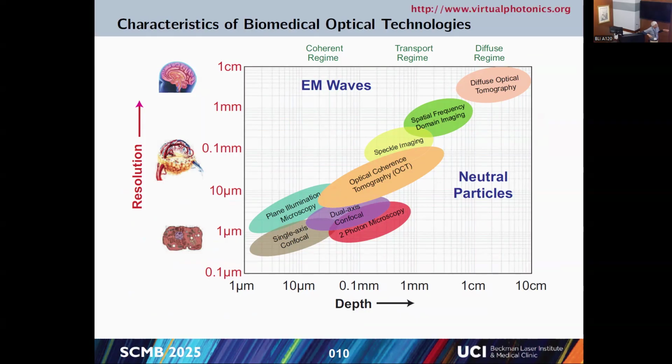And so it's very nice to think about these domains of light propagation, where you retain the coherence of light, where you retain directionality, and then when you lose both coherence and directionality. So you lose certain levers in terms of probing the tissue, but you gain in terms of depth of probing as you go to the diffuse regime. And then it allows you to probe different spatial scales.